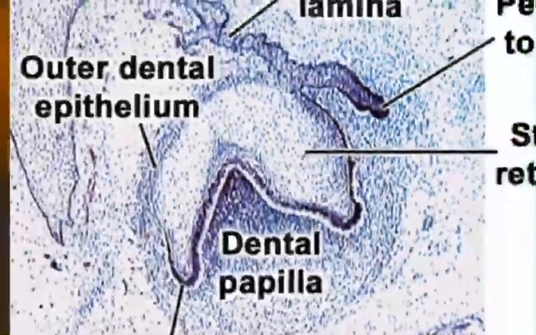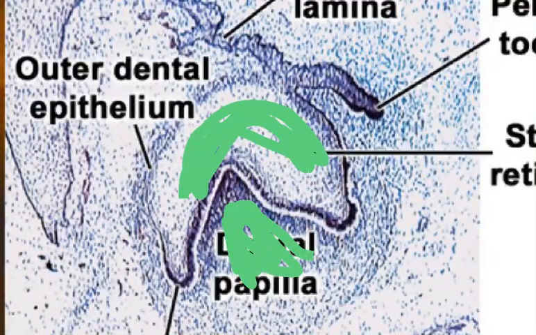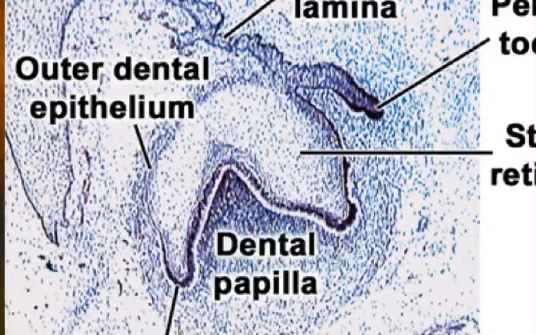Also, an important factor is the balance between the hydrostatic pressure of the stellate reticulum and the blood pressure within the dental papilla. So this balance is important to maintain this folding pattern. If there is a disturbance, then there will be either evagination like this or invagination. This will be represented as the final product, the tooth.